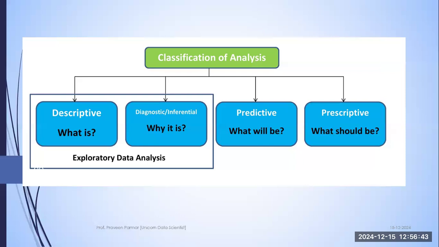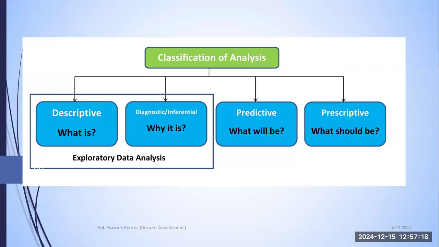In the descriptive analysis, we do univariate analysis, bivariate analysis, and multivariate analysis. Univariate analysis we do with all the individual variables, and we try to find out the nature and behavior of that variable. In the bivariate analysis, we try to find the relationship of a variable with other variables. Similarly, in the multivariate analysis, we find out the effect on a particular variable of other variables.